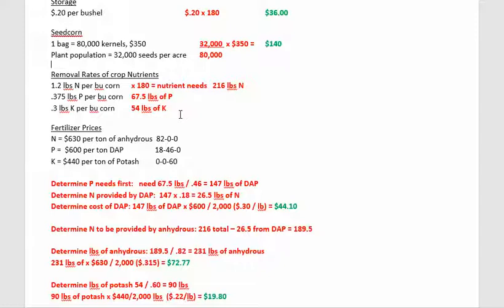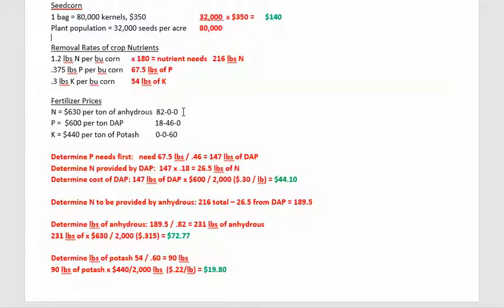As we look at the fertilizers, our fertilizers are not 100% N, P, and K. So we need to figure out exactly how many pounds of fertilizer we need. And we're going to fertilize for diammonium phosphate first, because as you can see, diammonium phosphate gives us 18% nitrogen, 46% phosphorus, and 0% potassium.